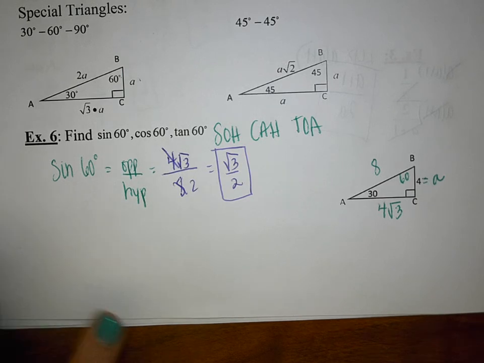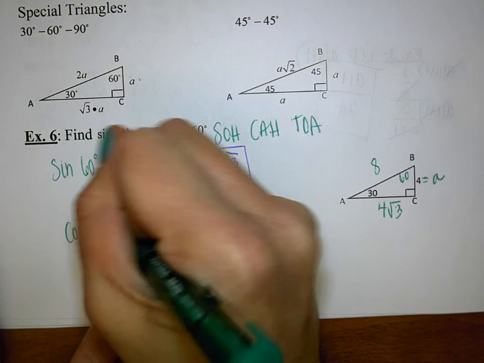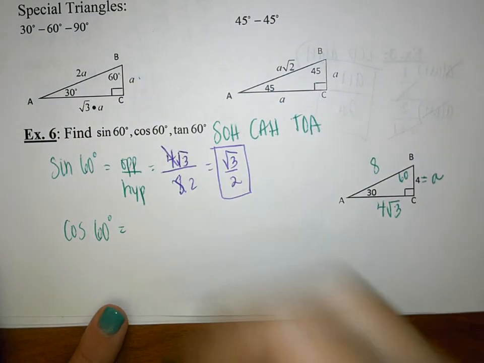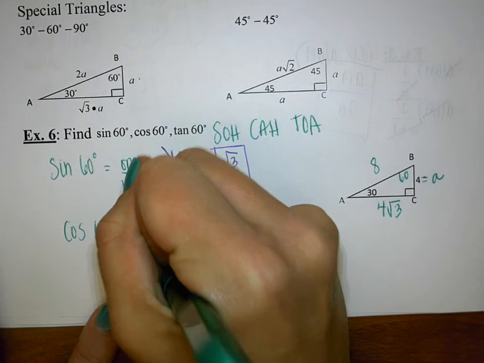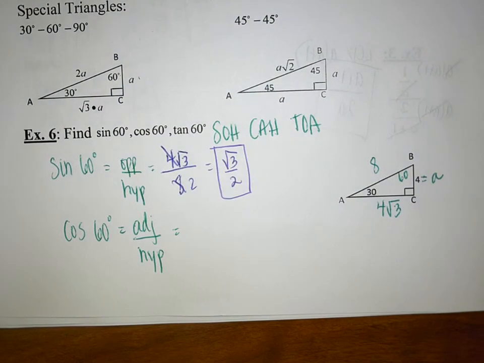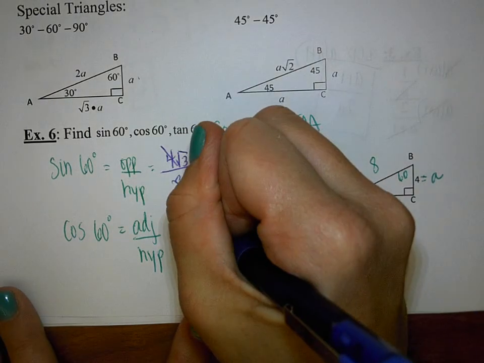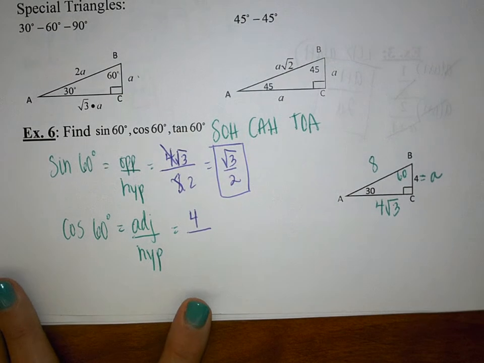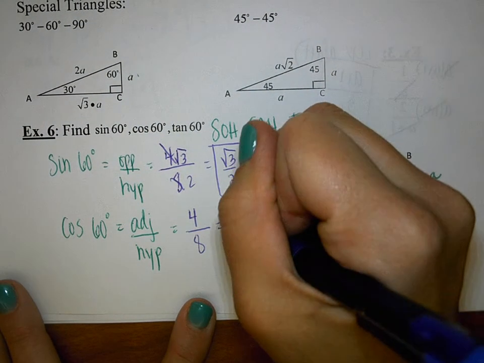Cosine of 60. So cosine is adjacent over hypotenuse. So what is adjacent to 60? 4 over hypotenuse, which is 8, and then that reduces to 1/2.